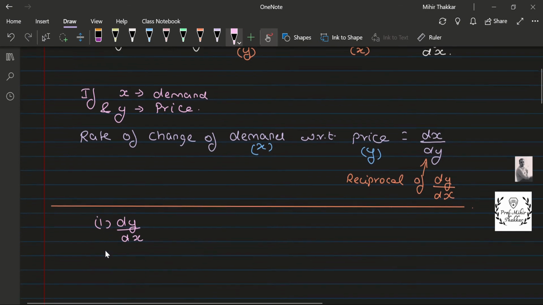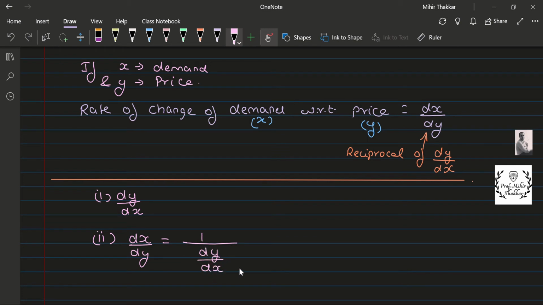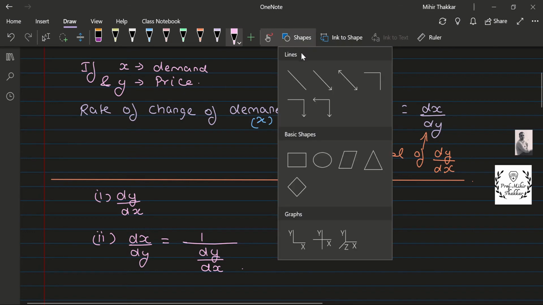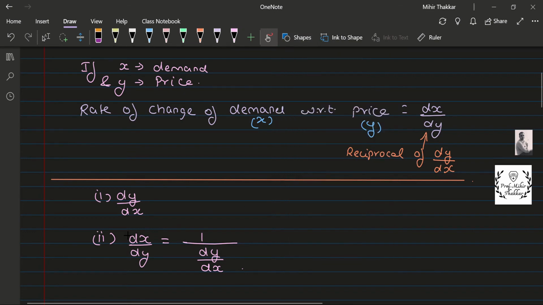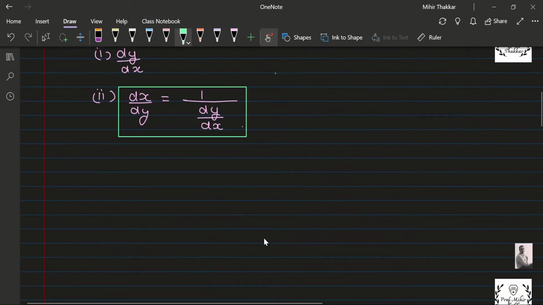Then in order to get the value of dx by dy, we will say that this is equal to 1 upon dy by dx. That's a very easy method guys. In order to find the value of dx by dy, I'll shortly explain this with the help of an example. So the next thing that we do is take a small example.